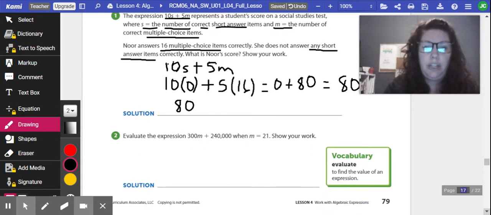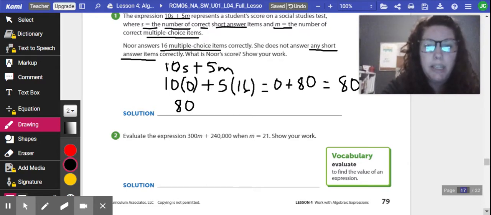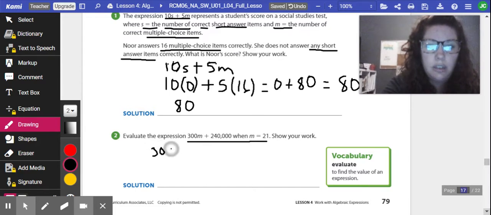Evaluate the expression 300m plus 240,000 when m equals 21. Okay, so here's my expression already, and they tell us what m equals. So I'm going to go ahead and plug in what m equals. So I'm going to do 300, and then in parentheses, where the m would be, I'm now going to plug in the number 21.